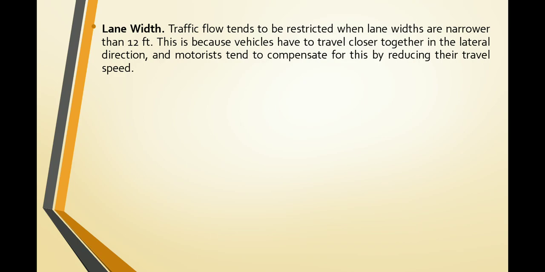Lane width. Traffic flow tends to be restricted when lane widths are narrower than 12 feet. This is because vehicles have to travel closer together in the lateral direction, and motorists tend to compensate for this by reducing their travel speed.